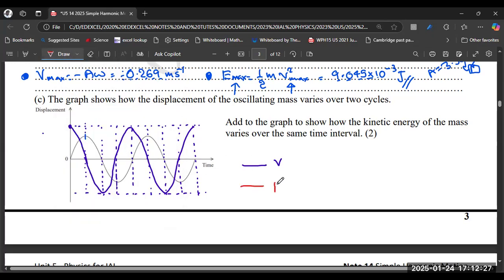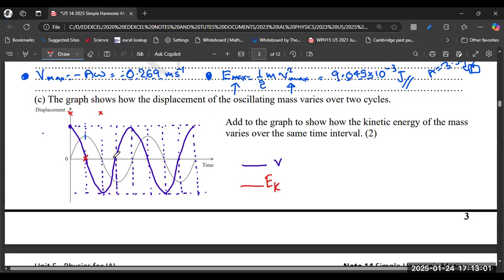Now I'm going to draw the kinetic energy graph. When the velocity is maximum, kinetic energy is maximum. When the velocity is zero, kinetic energy is zero. When the velocity is negative maximum, kinetic energy is also positive maximum, with the same value. Even if the velocity is plus 5 meters per second, the maximum negative velocity would be minus 5 meters per second, so it won't vary when we put it into v squared.